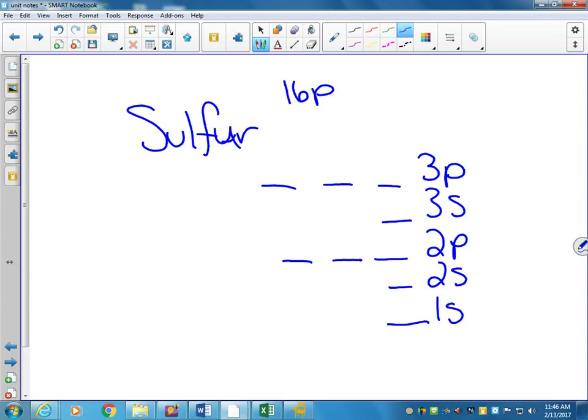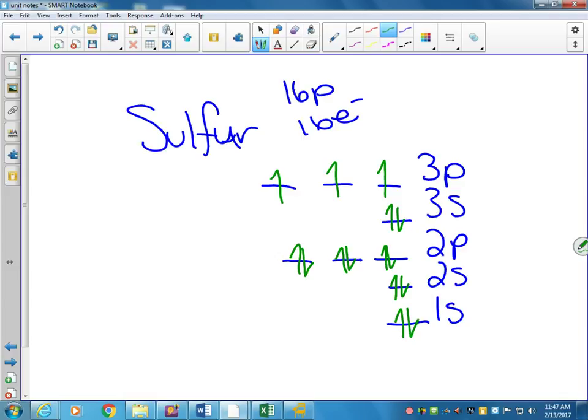Good, but because we didn't say that, we're left with 16 electrons because we said a neutral kind of atom. So basically, you would have drawn out something like 1, 2, 3, 4, 5, 6, 7, 8, 9, 10, 11, 12, 13, 14, 15.